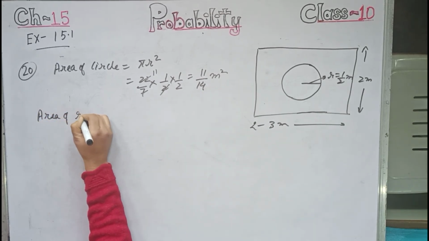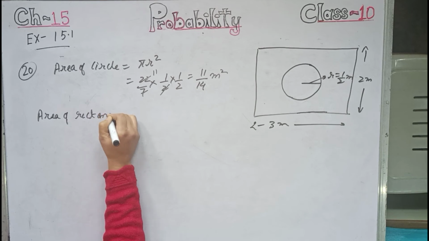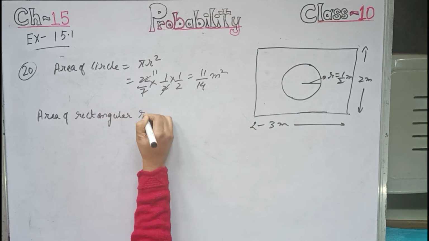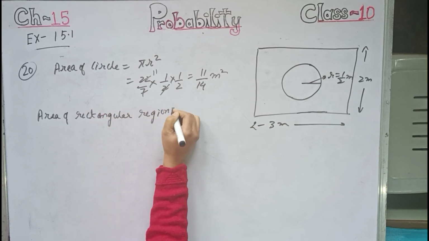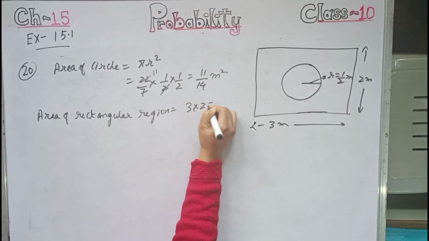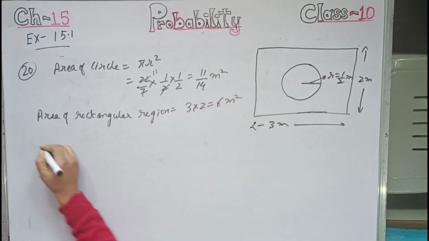Area of rectangular region equals to 3 into 2 equals to 6 meter square.